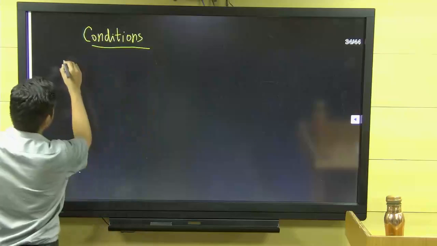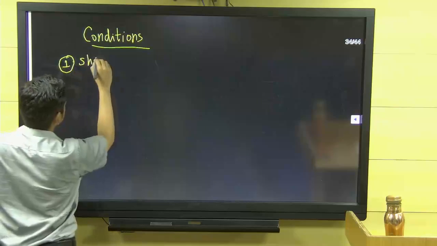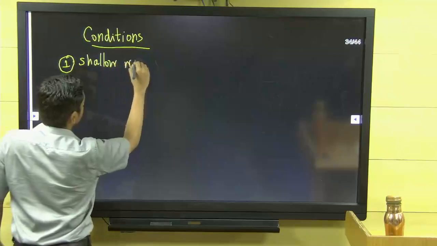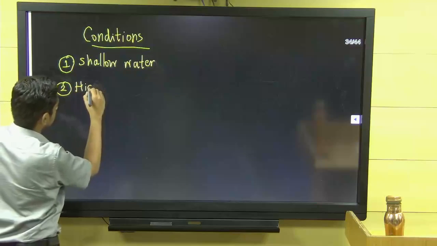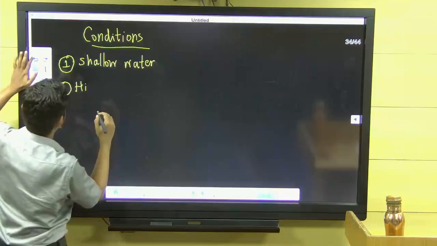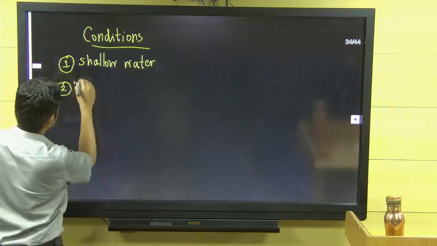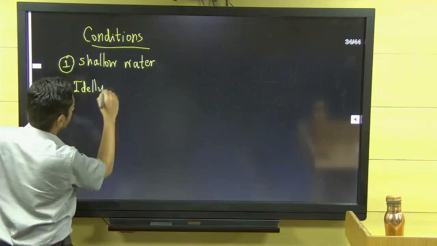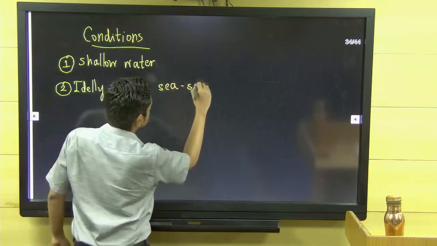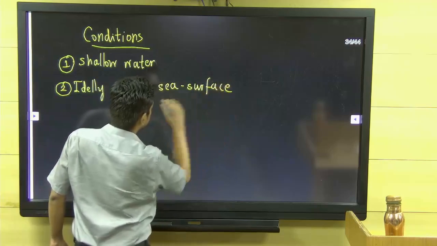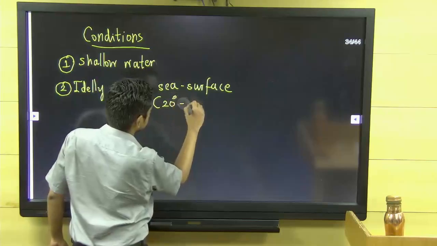Four major conditions. Number one, shallow water. Two, ideally warm surface waters, warm sea surface, 20-21 degrees Celsius.